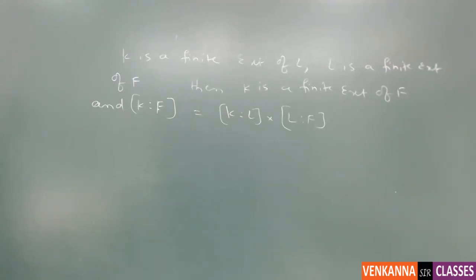After noting, please tell. So K is a finite extension of L. L is a finite extension of F. Then K is a finite extension of F, and [K:F] is equal to [K:L] into [L:F].